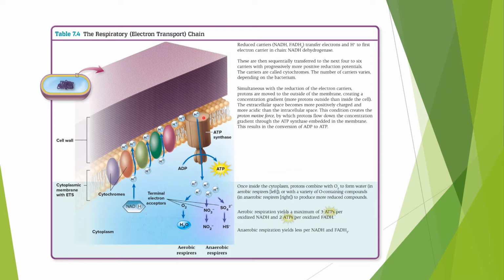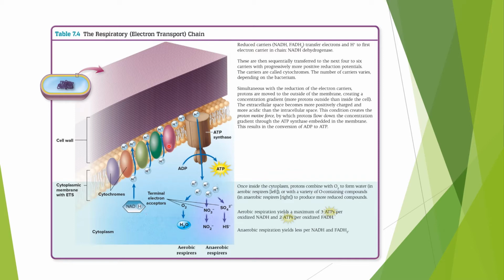And as those electrons are transported, a bunch of energy is going to be produced, okay? Now, in the ETC, there are electron carriers that help the electrons get transported all the way down.